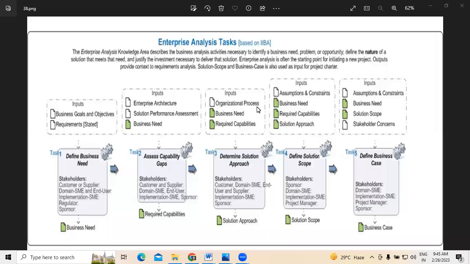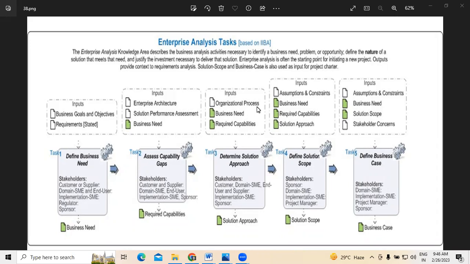So what is it that you have to do? First of all, you should understand the business goals and objectives of the customer. These are the inputs that must be taken by a business analyst to define the business need. Because unless you understand the goals and objectives of the business, defining the business need would be difficult.